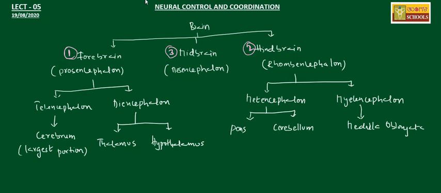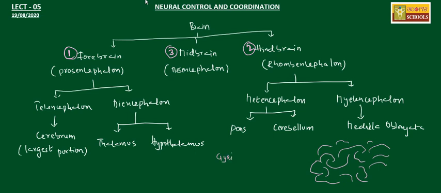Now during the embryonic development, in the cerebrum, the cerebral cortex increases in size, and as a result it will be thrown into a number of folds. So you will find folds in this way. So these are all the folds you will see in the brain. I'll just show you in a picture. This results in the formation of something called gyri and sulci. Here the gyri will be the folds.